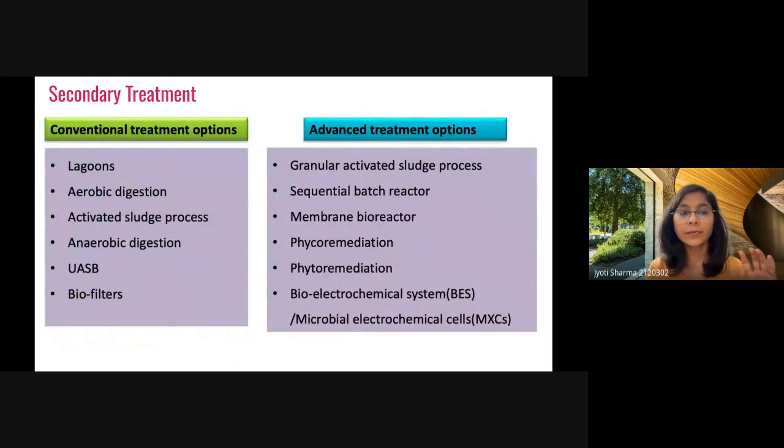Then in secondary treatment, we talked about aerobic digestion, the activated sludge process, anaerobic treatment, UASB, and biofilters, and even some advanced treatment options, which also give you some sludge, or waste part that we do not want in the water. This is what we learned in the secondary treatment session.